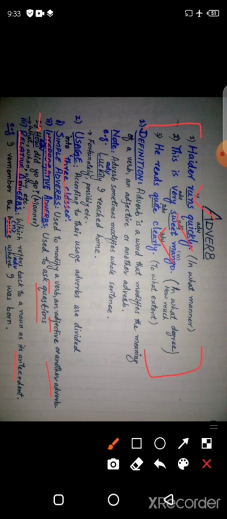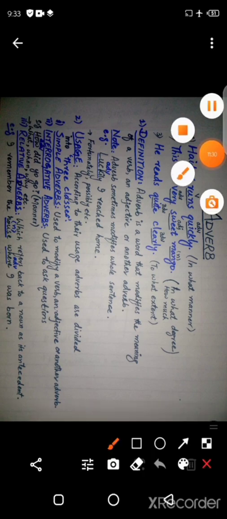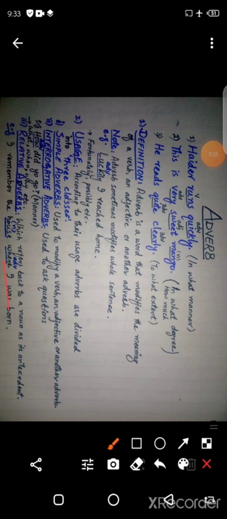The word where refers back to this noun, house. So where refers to that place, that house where he was born. This is how it relates this part of the sentence with the previous one. So this is how we can call it a relative adverb. All right, I hope you understood this.